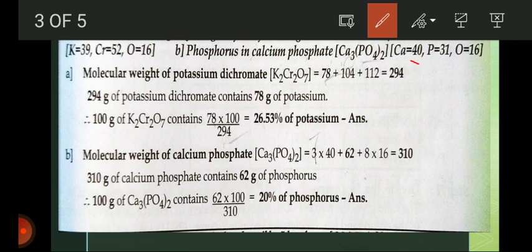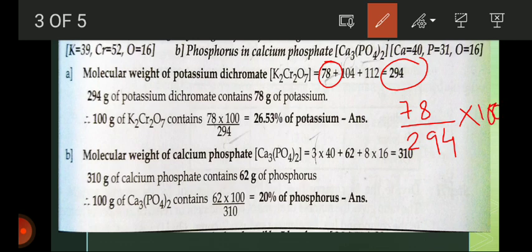See, in 294 gram of potassium dichromate, 78 gram of potassium is present. That we can clearly see from here. So just by the unitary method you can do it, or by applying the formula, that is the atomic weight of the potassium present in potassium dichromate, that is 78, divided by the molecular weight of the compound, that is 294, into 100, right?